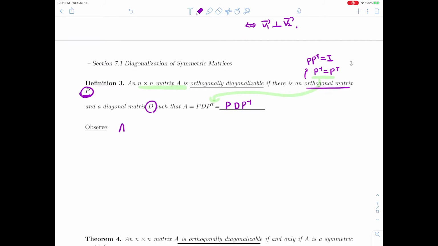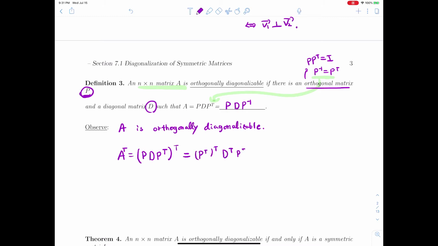So let's say A is orthogonally diagonalizable. Then we have A equals P D P transpose. If you take the transpose of both sides, then we have this equation, and this equals, if you distribute the transpose operator, P transpose transpose times D transpose times P transpose.